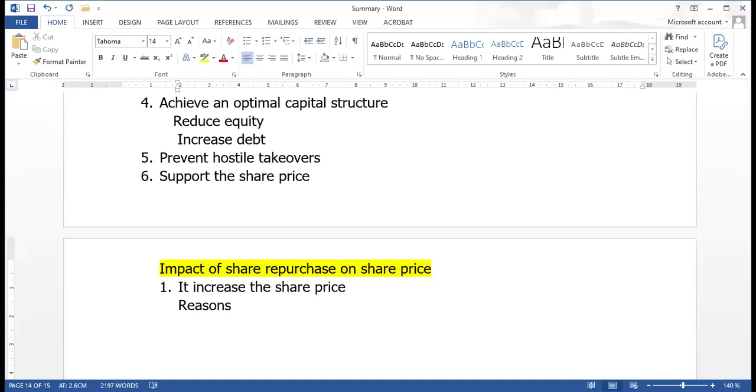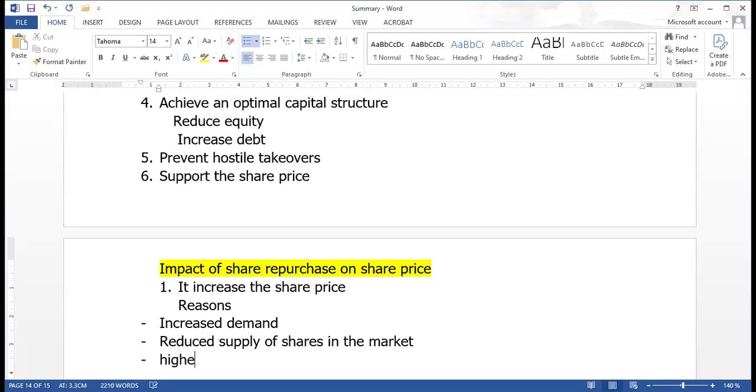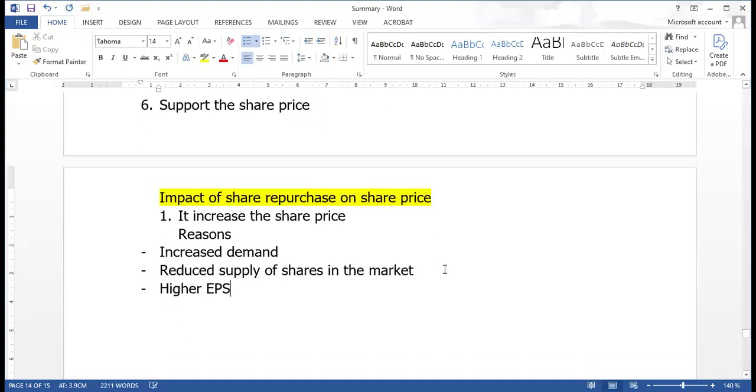The share price may increase if there is increased demand. If there is increased demand as the company purchases shares, in the long run the demand for those shares will be high. If there is reduced supply of shares in the market, that also increases the price. If there is higher EPS, that is okay.